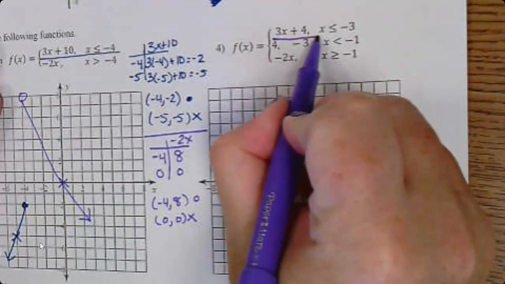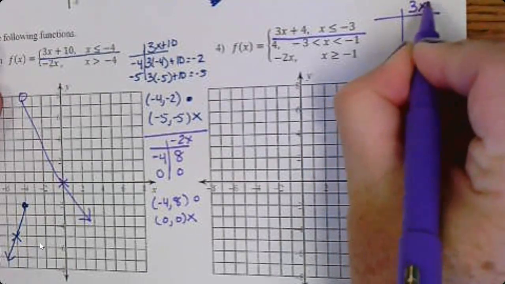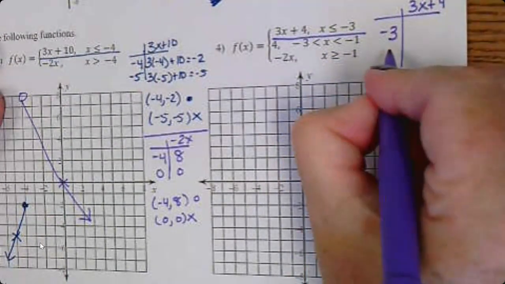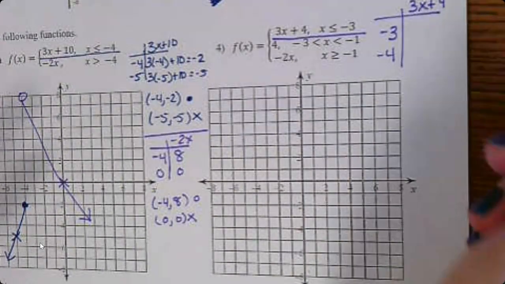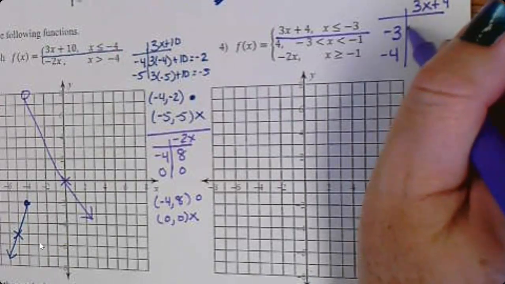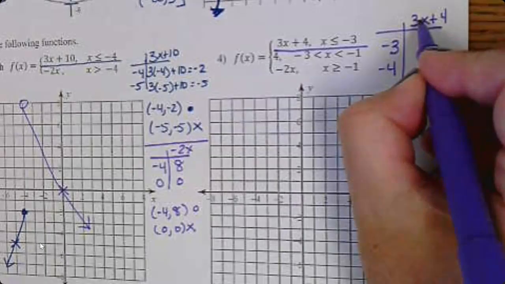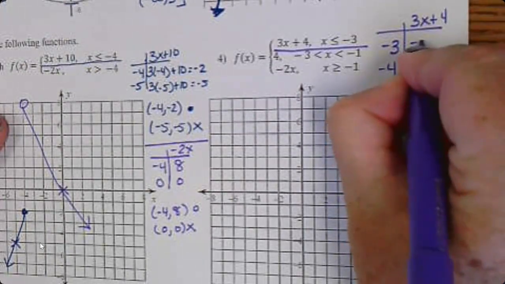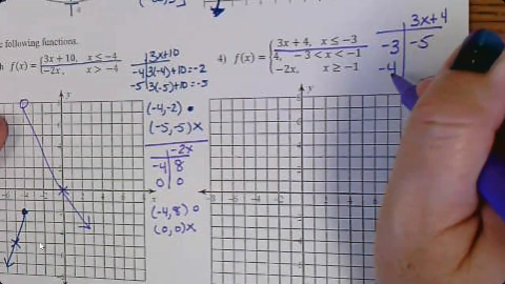So here we go over here. We're going to use this one. So 3x plus 4. I'm going to use negative 3. And let's say a negative 4. So I'm not going to have a lot of room, so I'm going to have to do some of the math in my head. So 3 times negative 3 is negative 9, plus 4 is negative 5. 3 times negative 4 is negative 12.